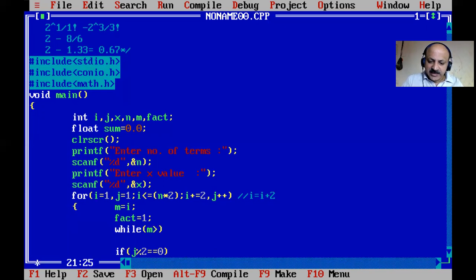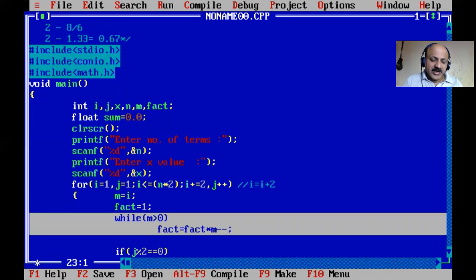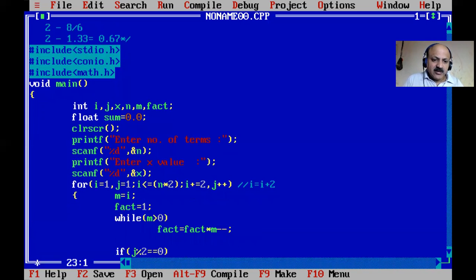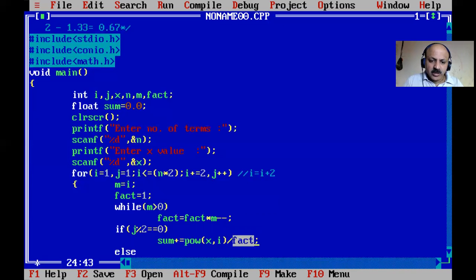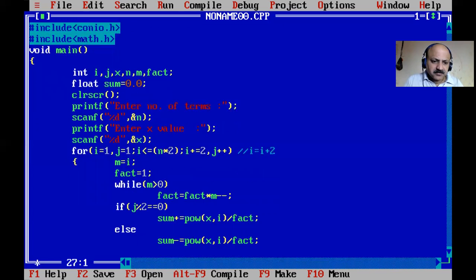So m is greater than 0, so fact equal to fact multiply m, and m minus minus. You have to know this very well, so that is one while loop with which we can find the factorial, and then we have to divide the series by the factorial. So I think all are well.